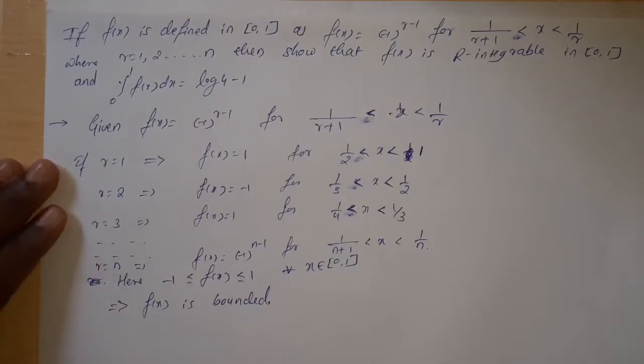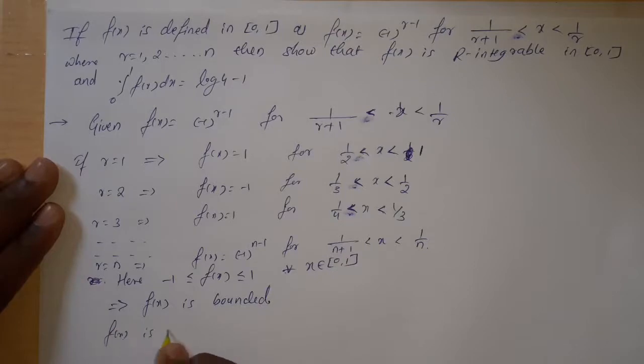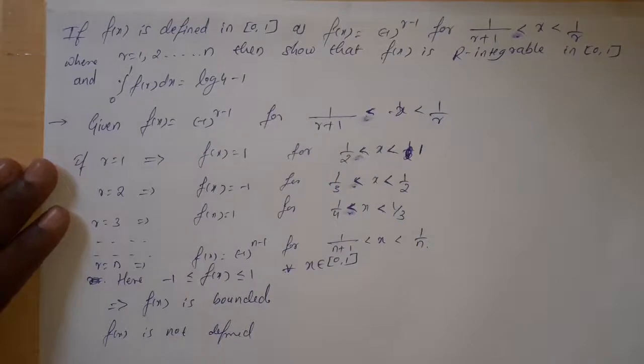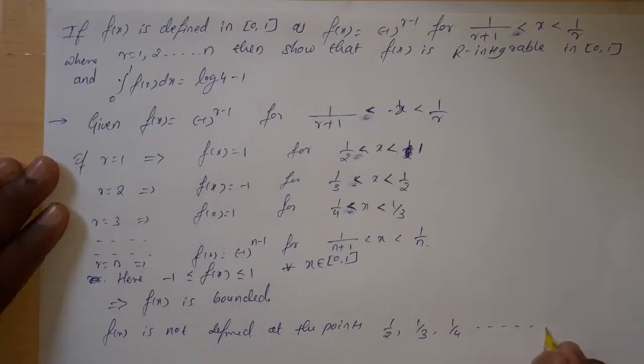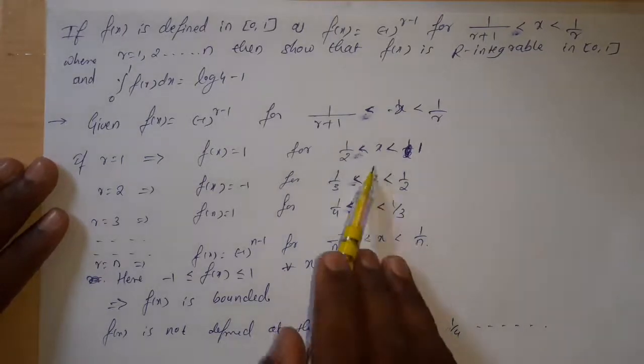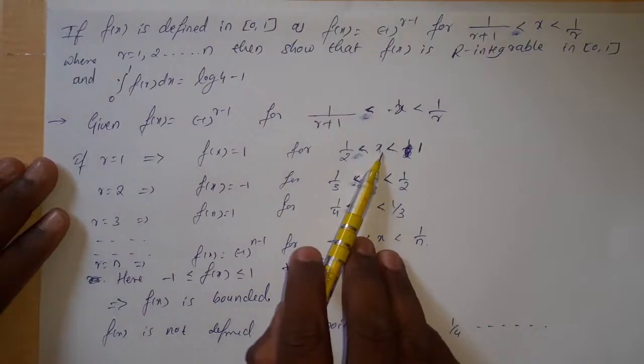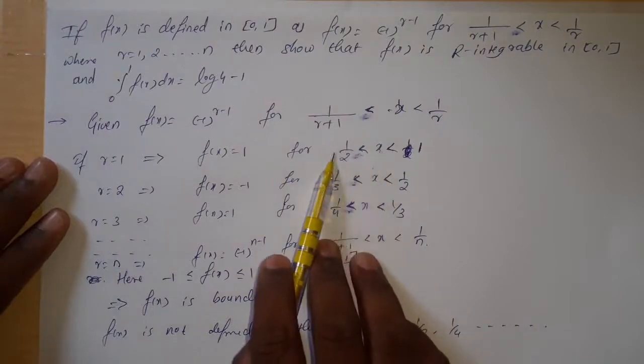And also here we can see that f of x is not defined at the points 1 by 2, 1 by 3, 1 by 4 and so on, because here x is not exactly equal to 1 by 2.